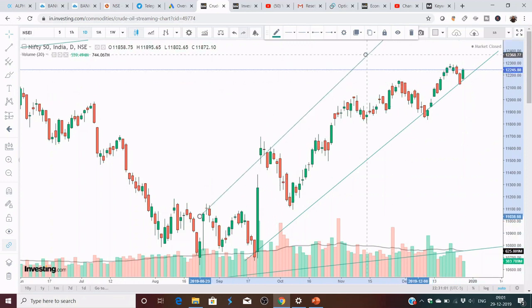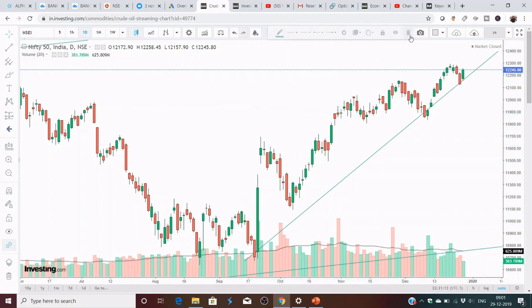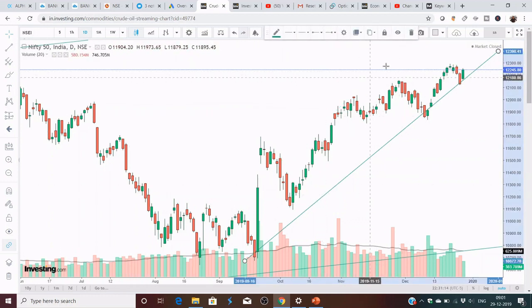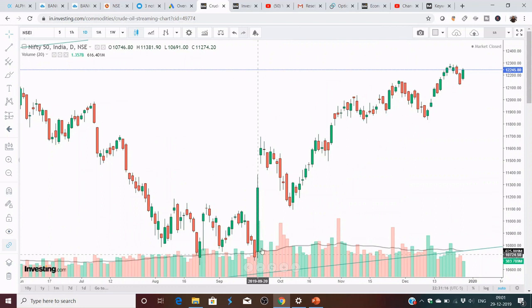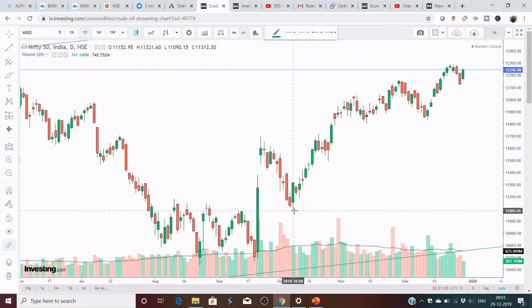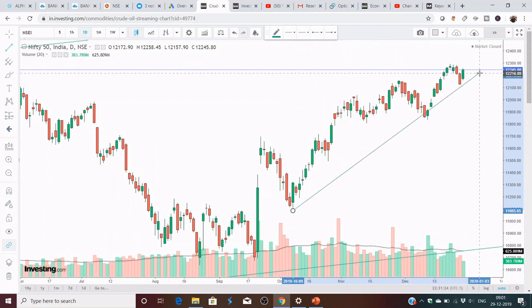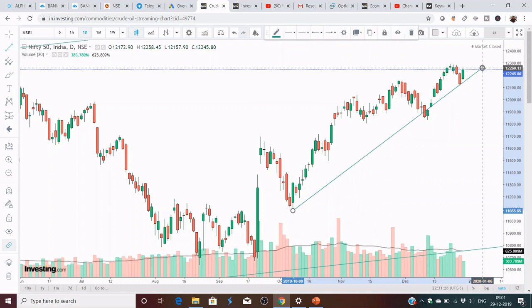Let's clone this, but I don't see an upper channel formed here because the trend line is too steep and we don't see any top. Tops are not that great here. So let's take it from here and then see if we can get a good proper channel.